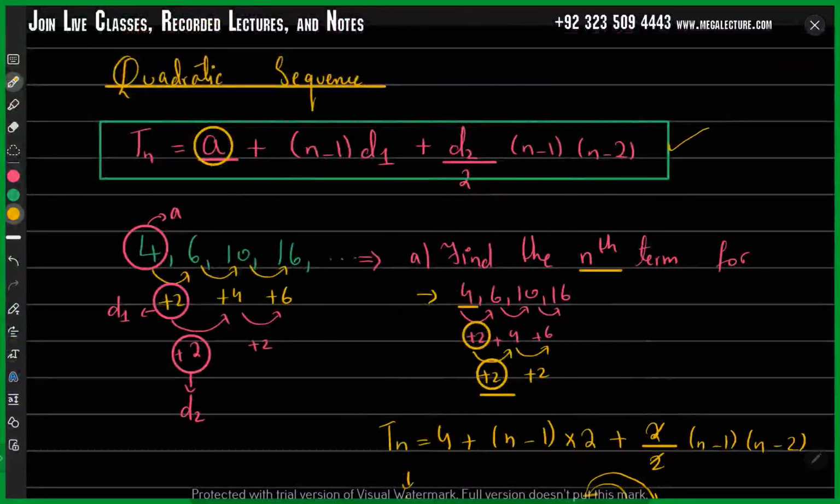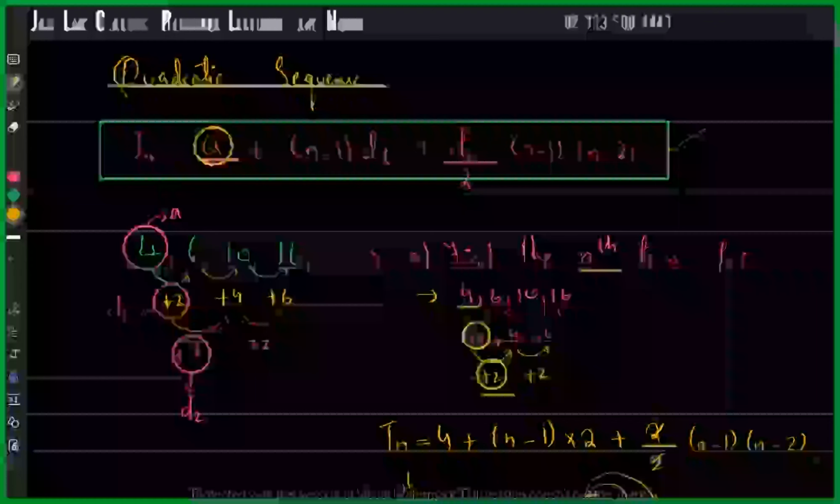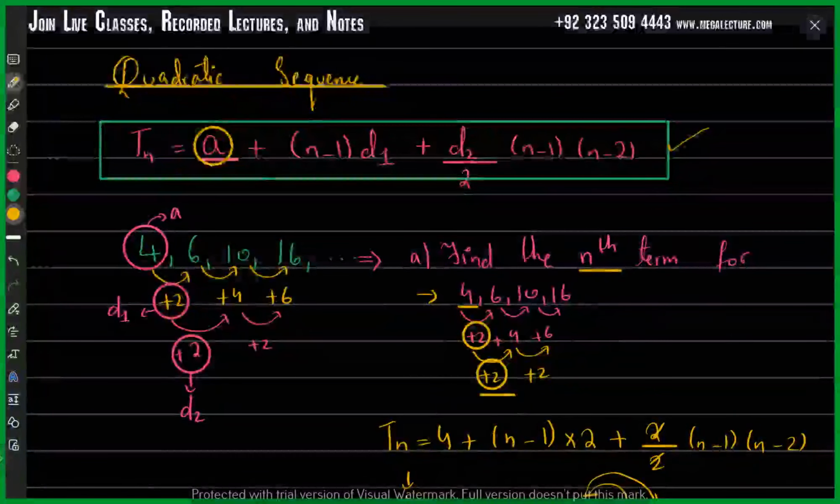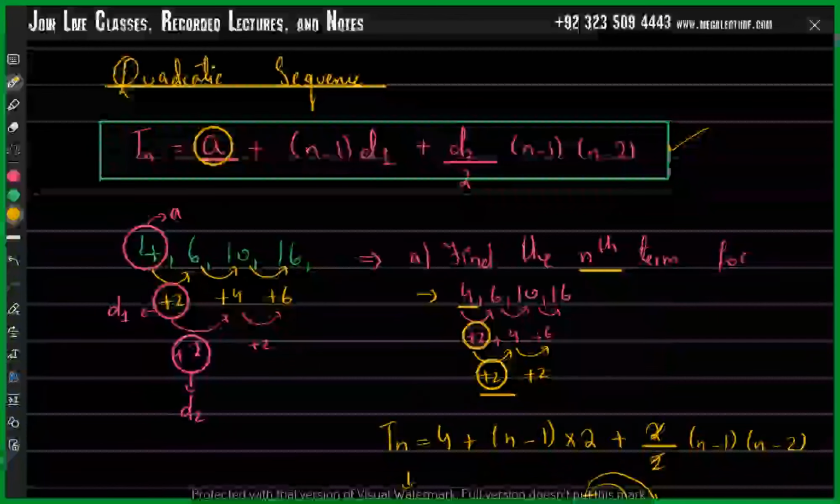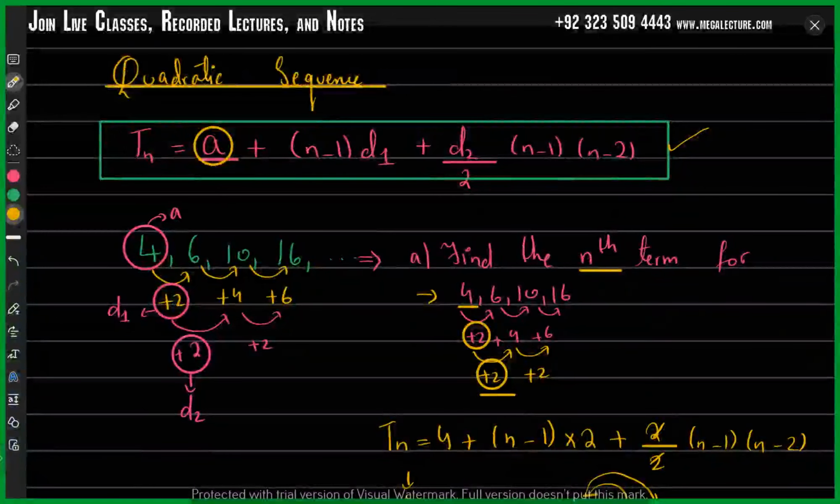I have studied a formula which is like an squared plus bn plus c. Yes, but in that case, you would have to figure out those b's and c's, and that would make it equally difficult, right? You're right, I agree. That is fine. But in that case, you would have to find that b and c first. So if you're doing that or if you're doing this, both of the formulas are equally difficult.